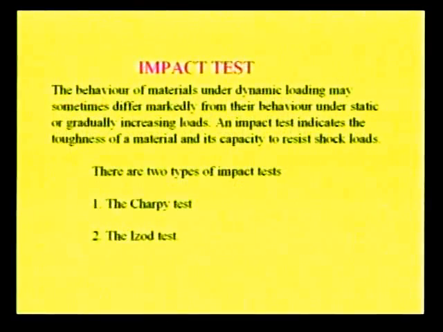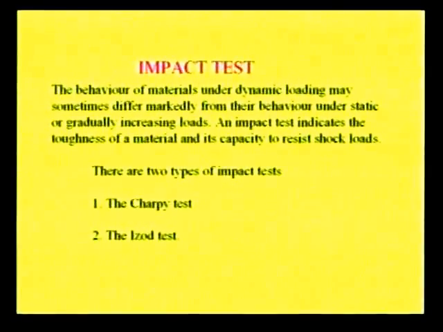The next test is the impact test. The behavior of materials under dynamic loading may sometimes differ markedly from their behavior under static loading or gradually increasing loads. Generally, in the case of a gradually applied load, we apply the load from 0 to some maximum value, whereas in a suddenly applied load, the same load is applied suddenly.